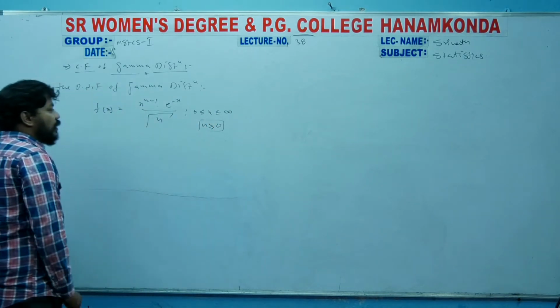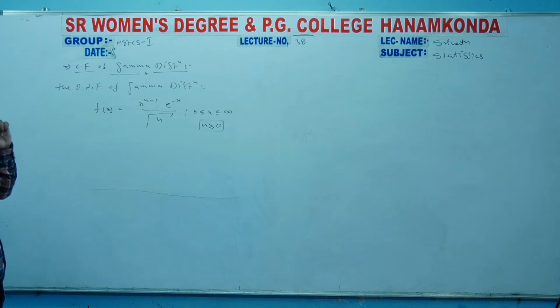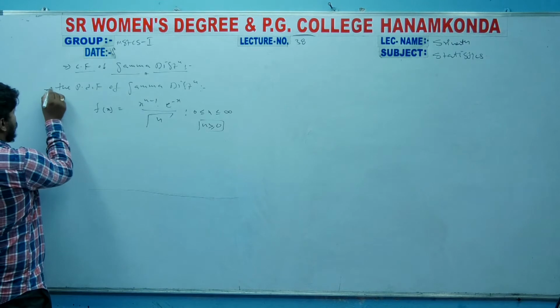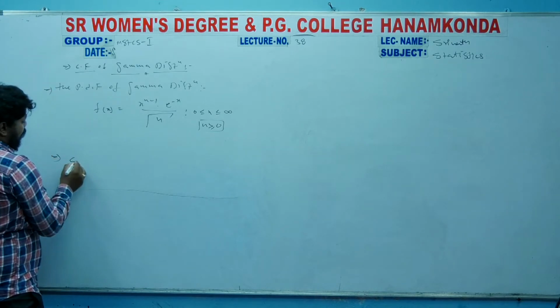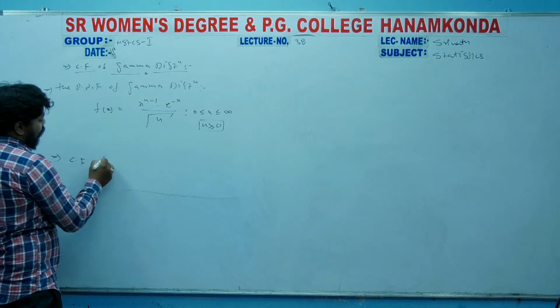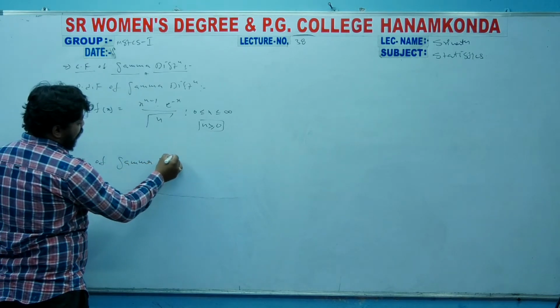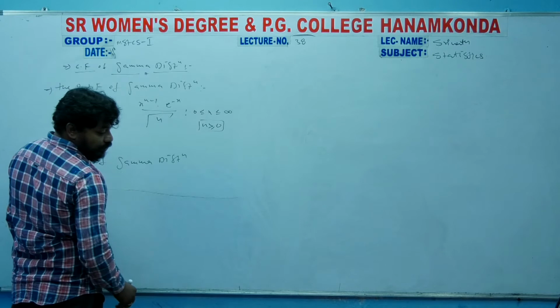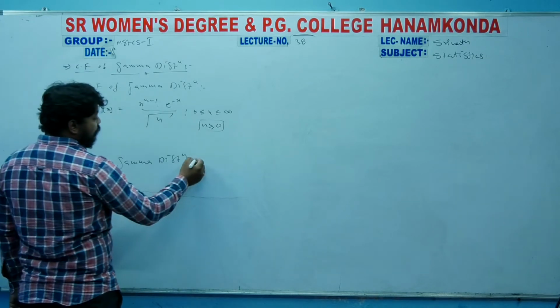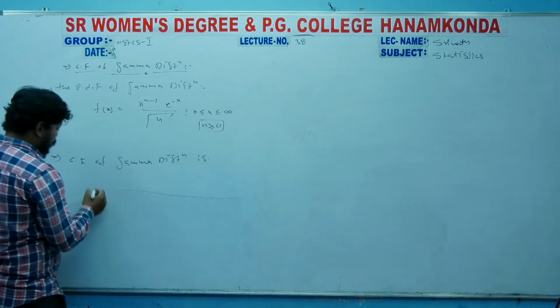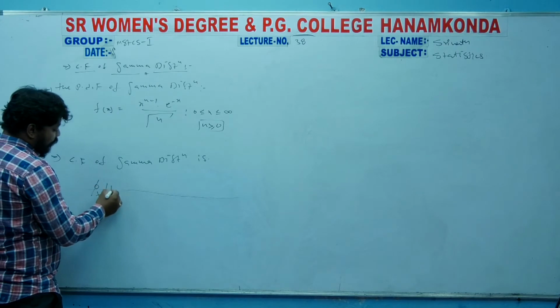So n is the parameter, and the characteristic function of gamma distribution is given by phi x of t.